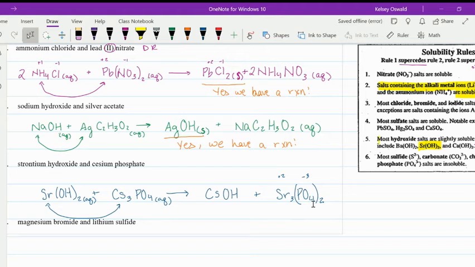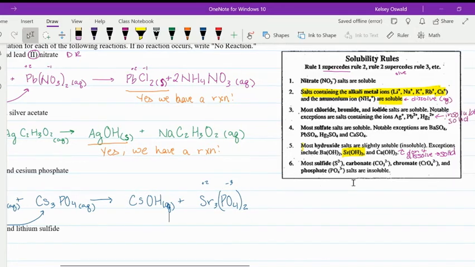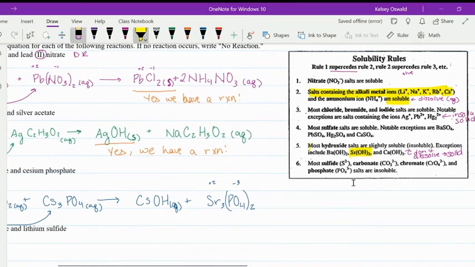To determine whether we have a reaction, again we need to look at the solubility rules. We just said anything with cesium is soluble. That means anything with cesium is going to dissolve and be an aqueous solution, so we show that by writing the aq. It is dissolved in water. However, when it comes to phosphates, we don't have any higher up rules about strontium. So when we get to rule number 6, it tells us that most phosphate salts are insoluble.